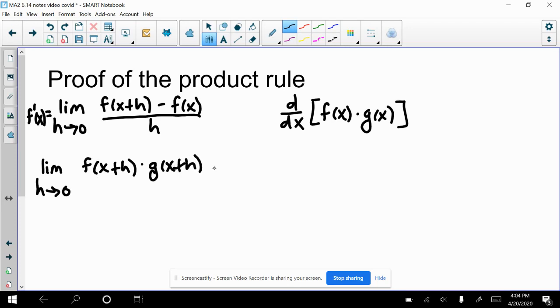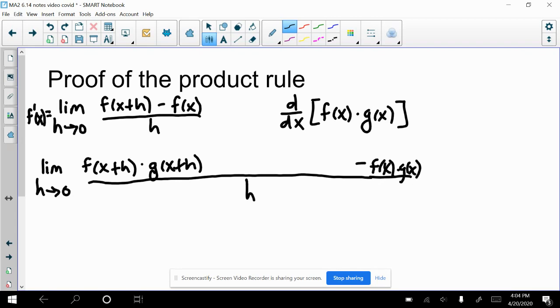Okay, now I'm going to leave a big space here because I'm actually going to need a trick that's going to happen in a second. That's why I'm leaving a big space. However, what would come next is that we would then subtract the function itself that we're trying to find the derivative of, right? So it would be minus f of x times g of x. That's what we're trying to find the derivative of. And this would all be over h. All right.